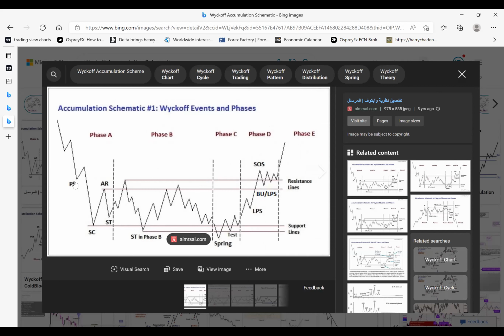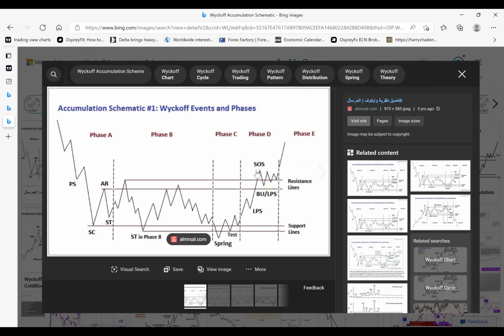Basically, the preliminary support is the low of the market. The rest of this stuff is just a play to keep taking out the lows in order to run this market up higher. The spring is the lowest point. Then you get a test, last point of support. All right.